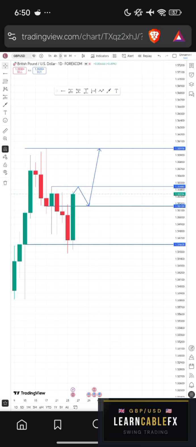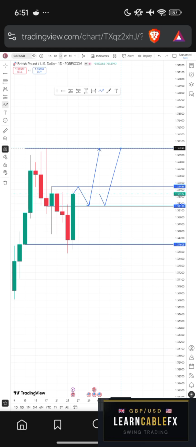Another thing I want to see is maybe it might just sell from this to this level, then just buy.